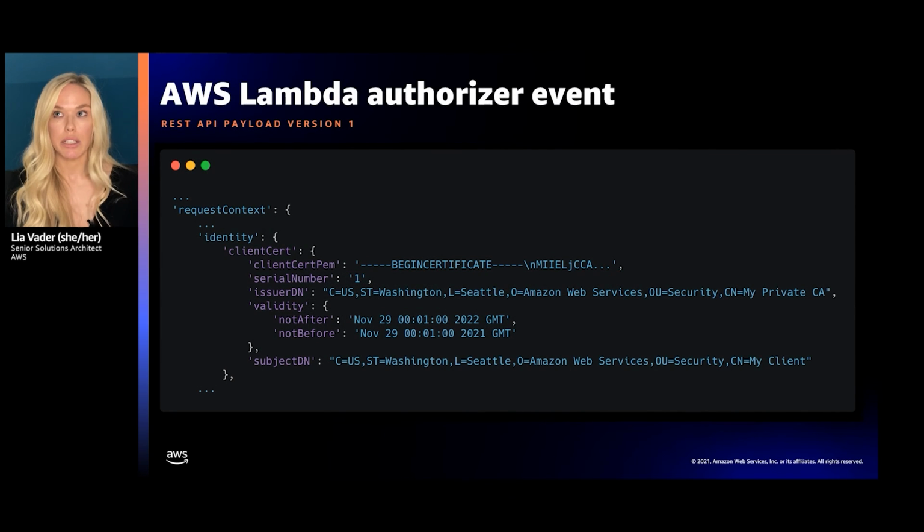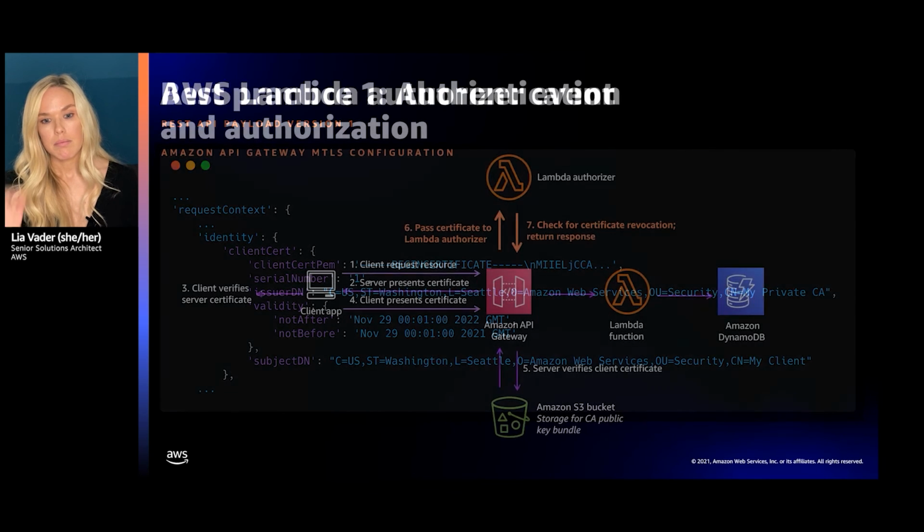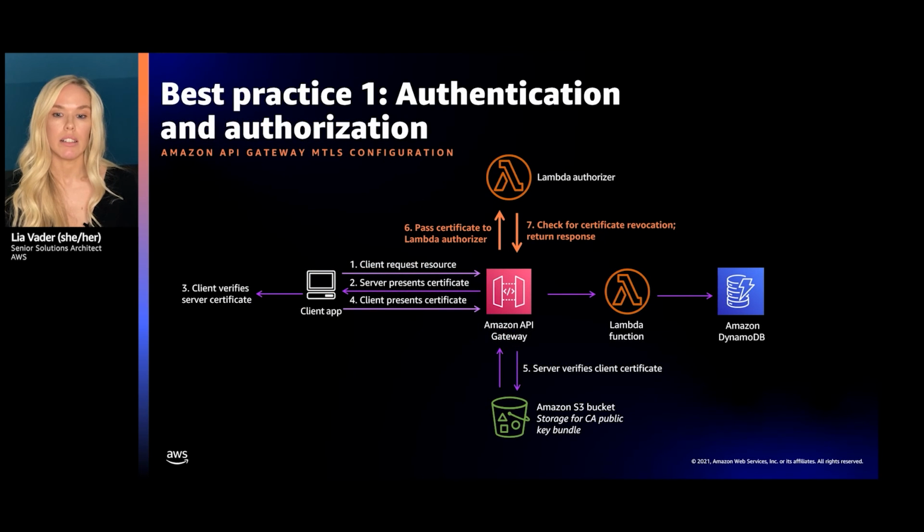This is what the authorizer event looks like, and this is for the V1 payload on the REST API. And you can see it's part of the request context. So your Lambda function can validate certificates against a certificate revocation list, or make a call to an online certificate status protocol server, or OCSP server, and request validation that that certificate's still valid, and then return the response back to API Gateway.